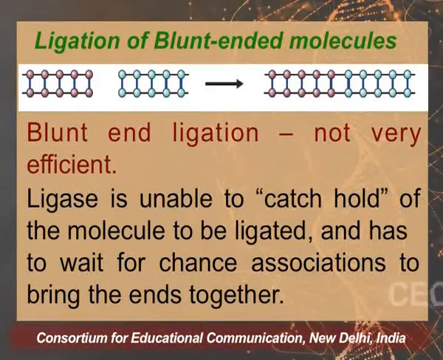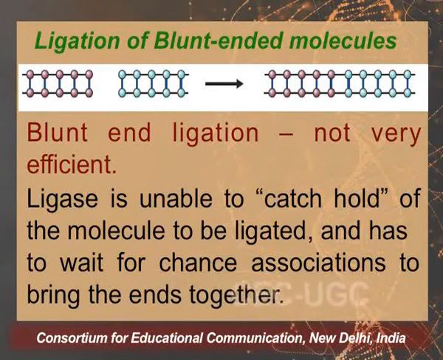Now look at blunt end molecules. That is not a very efficient ligation, because they don't have such overhangs, so on the basis of complementarity or compatibility, they will not come into proximity of each other. So the ligation will have to be a chance process, where the two ends come together and then the ligase makes a phosphodiester bond.